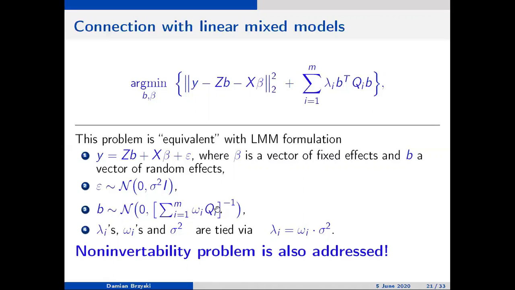Okay, the linear combination, and it's enough that one of these matrices is positive definite, then the whole sum will be positive definite as well. So in practice, this would solve the problem of non-invertibility. So you just have solutions for both kinds of problems.